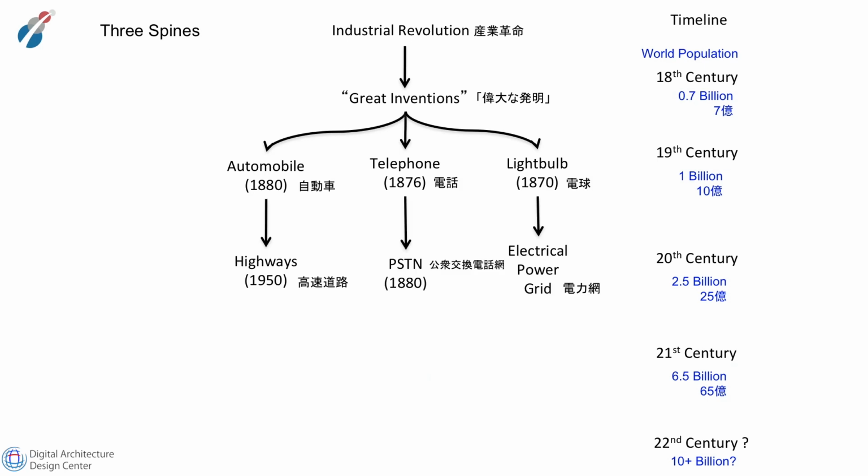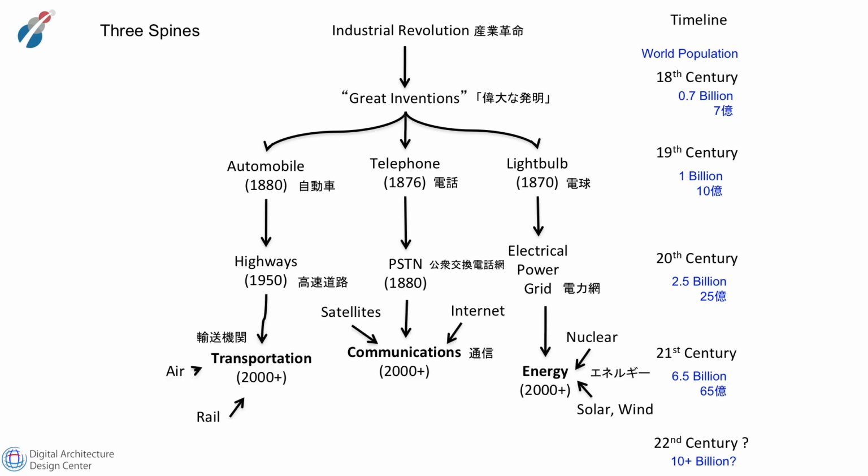It's only over time that automobiles required highways as we scaled it up, and it became available to a larger fraction of the population. The PSTN, that's the public switched telephone network. And then, of course, the light bulb led to the electrical power grid. And then moving into the late 20th century and early 21st century, we get into multimodal systems.